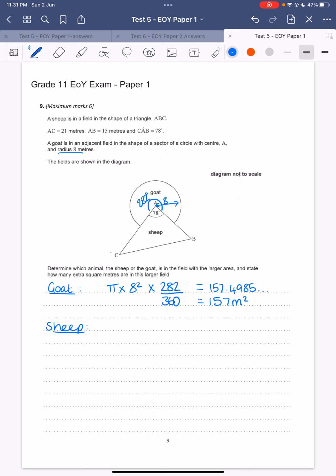So for this one, we can see that there's no right angle, and therefore we're going to be using the sine rule. Now you are told that A to C is 21 meters, which is this part here, and A to B is 15 meters, which is this part here. So that's given to you in the question. Some of you missed that.